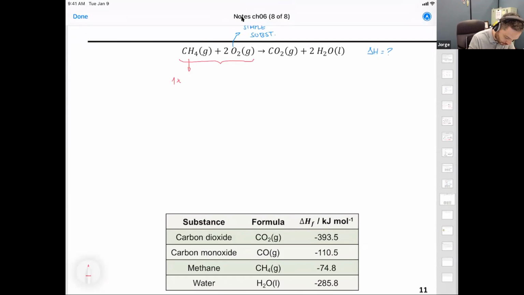Enthalpy of formation, according to the table, is minus 74.8, plus we have two oxygens, and we know that the enthalpy of formation for oxygen is 0 because that is a simple substance. Therefore, the energy level for the reagents is still minus 74.8 kilojoules per mole.